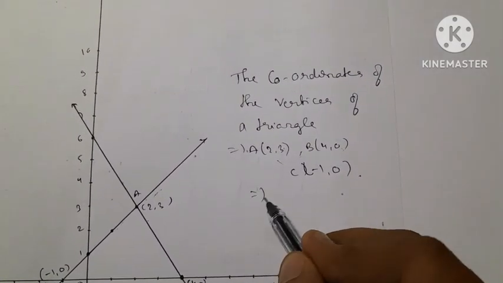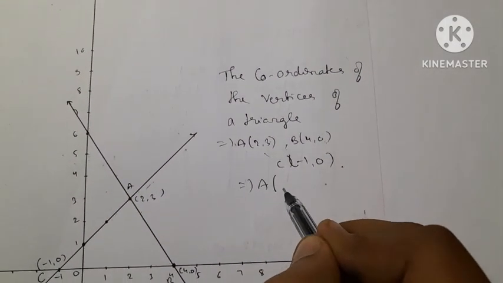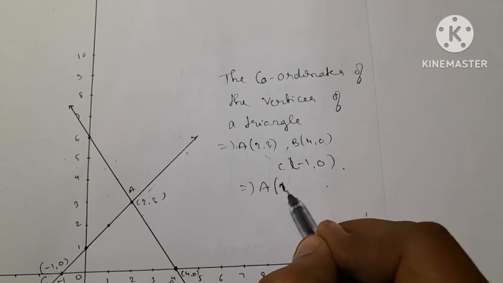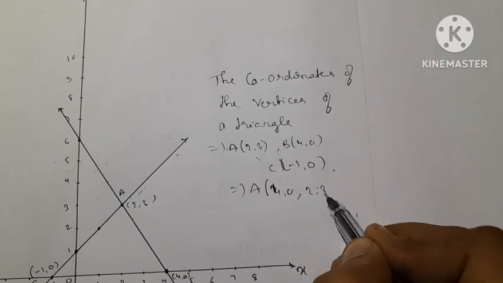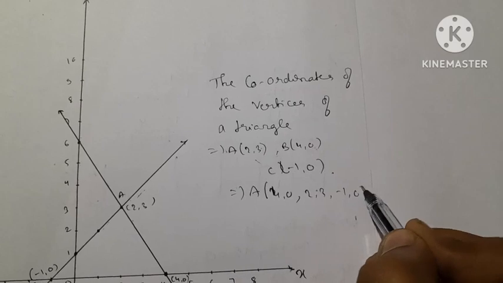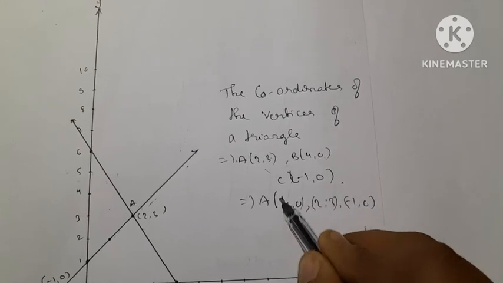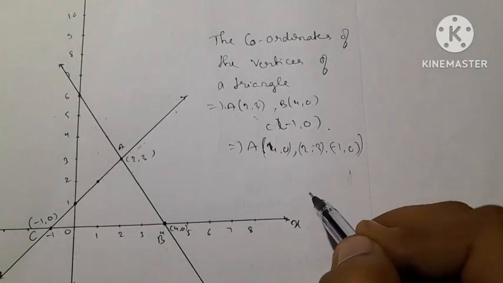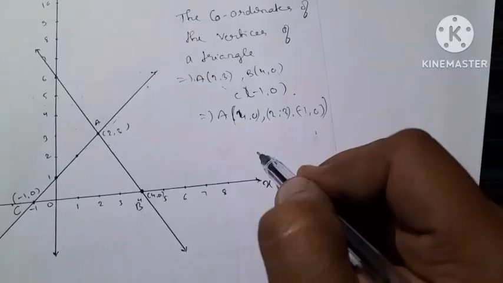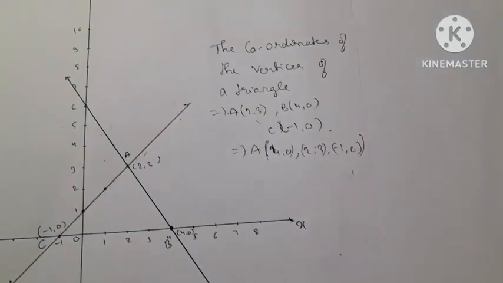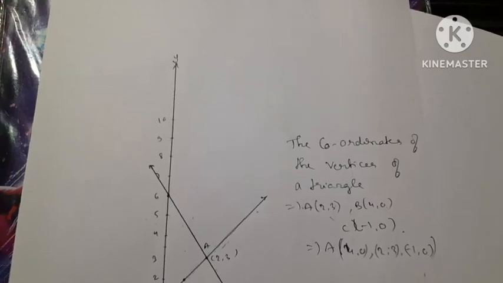Or simply you can say the triangle consists of 2, 3, 4, 0 and minus 1, 0. Okay, so this is the question number 7. This is 3.2. Now we'll see the 3.3 in the next video.